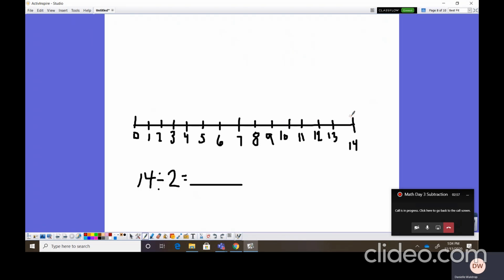So 1, 2, there's a jump. 1, 2. 1, 2. 1, 2. 1, 2. 1, 2. 1, 2. I'm taking away 2 each time because your divisor is how many you take away each time. I'm going to give you a minute to finish your number line on this one.